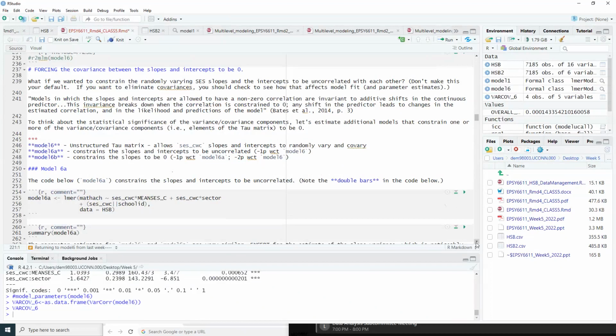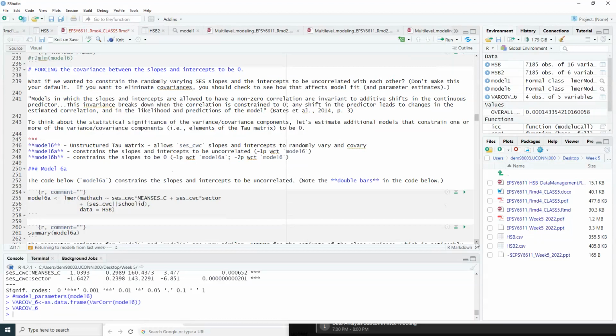Now here I'm just saying, be careful. Doug Bates, who came up with the lme4 package, says it's really important not to just get rid of those covariances by default, because the covariances are a function of where the variables are centered and all kinds of other things. So it can actually cause problems for you.